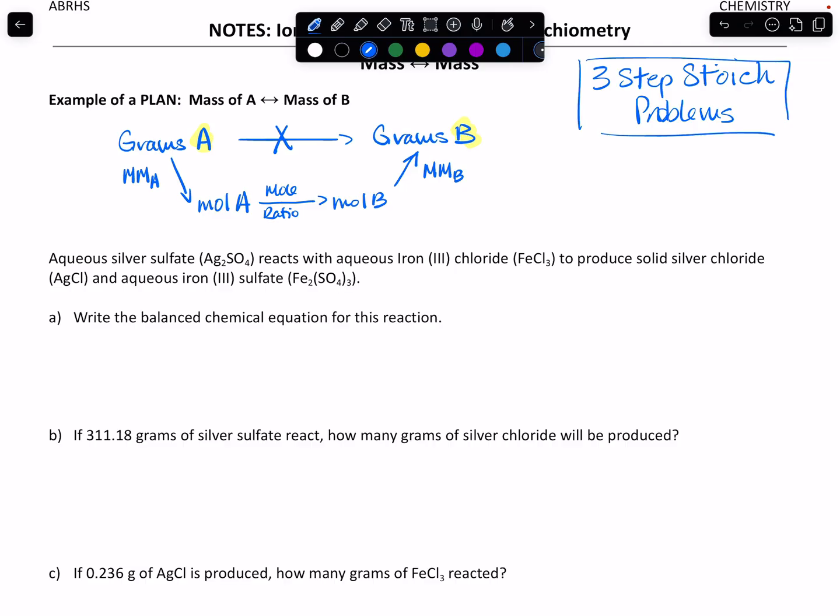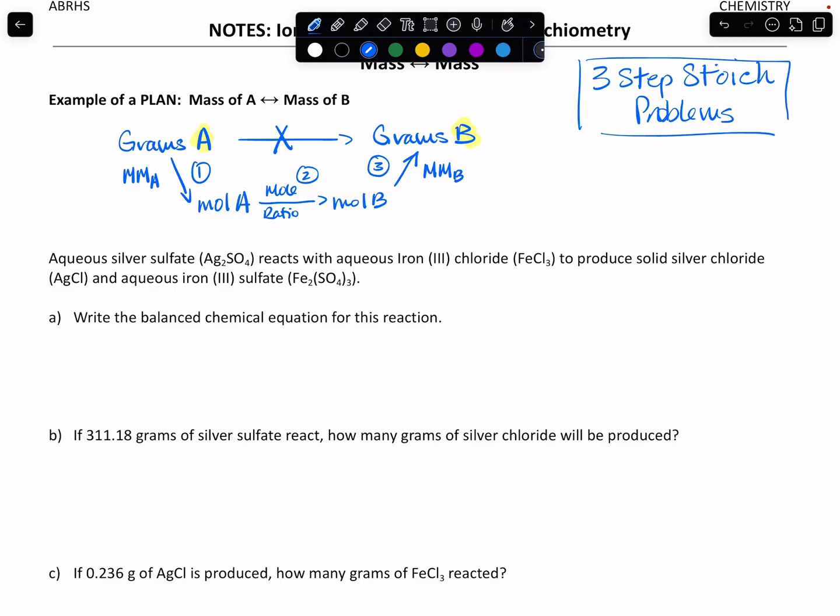So you can see there's going to be 1, 2, 3 steps, so 3 conversion factors. I know that sounds complicated, but we're just going to follow the same pattern that we've been using for all of our mole conversions and now our stoichiometry problems. The unit that you're trying to get rid of goes in the bottom of your conversion factor. The unit you're moving towards goes in the top.